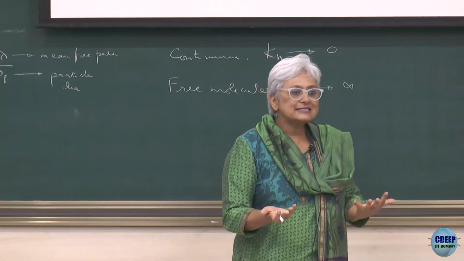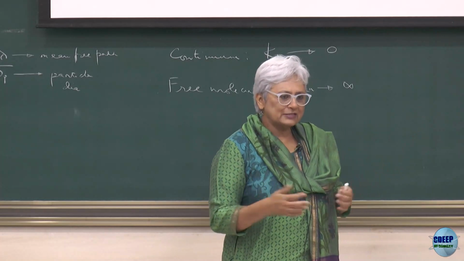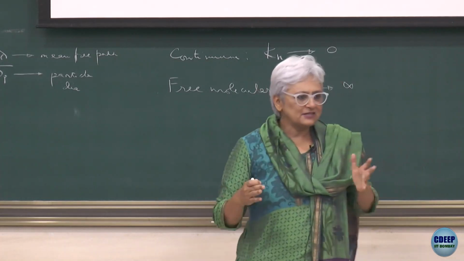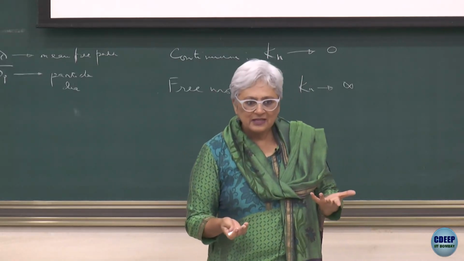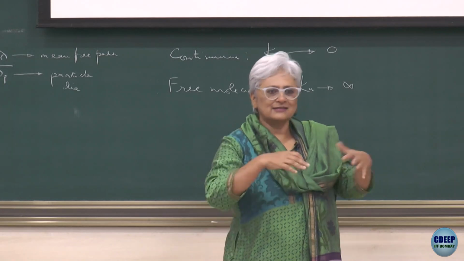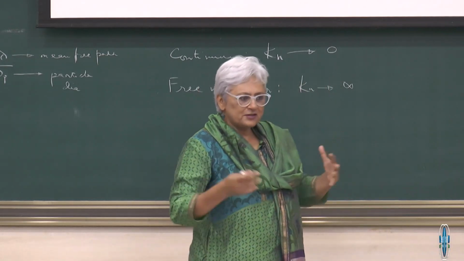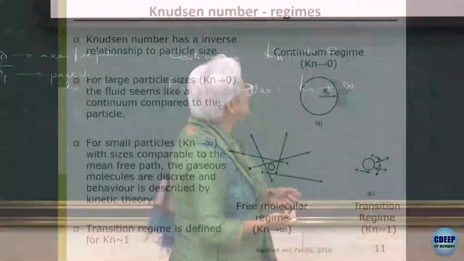The particle is seeing a lot of molecules impinging on its surface. The molecules that are leaving the particle are encountering other molecules very frequently, right? And that's what really gives you the continuum behavior with a lot of collisions and a lot of drag on the particle.